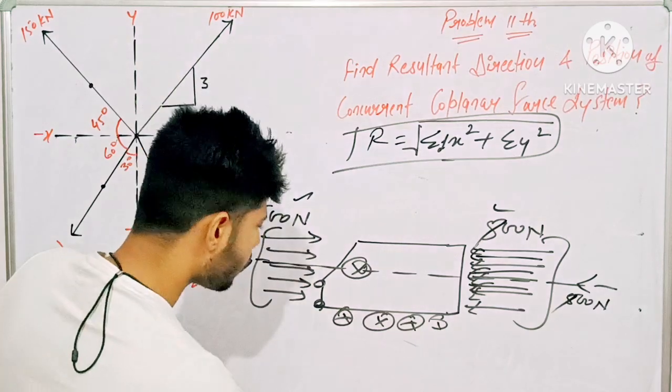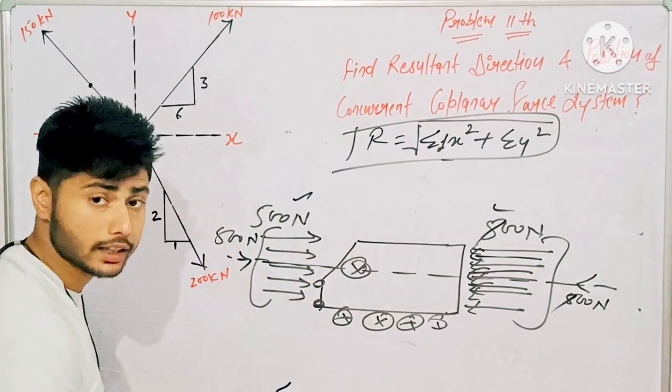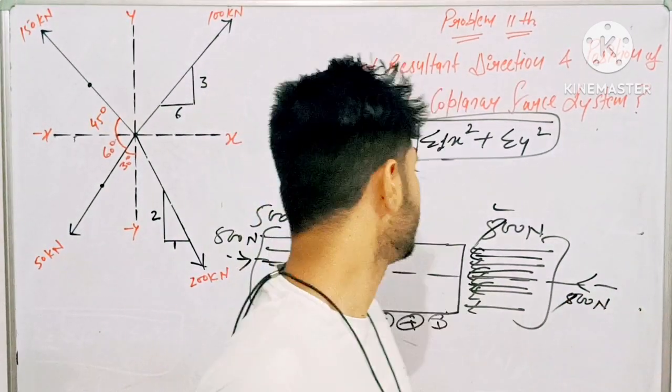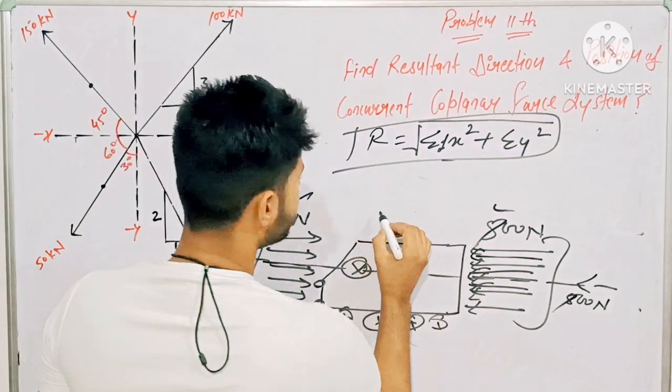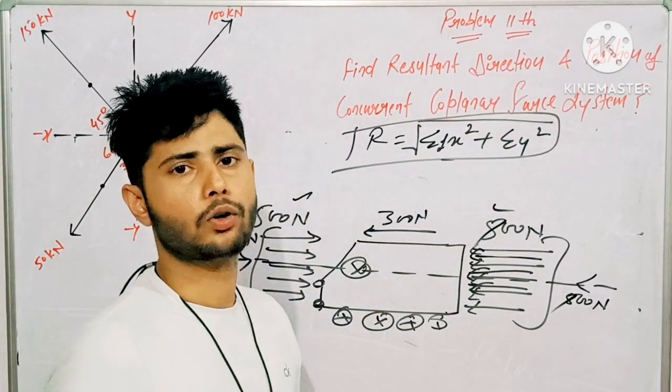Then according to the x-axis, this is plus x, this is minus x. Here are two forces and both are horizontal forces. Then your resultant will be 300 Newton and this car will move in the forward direction.